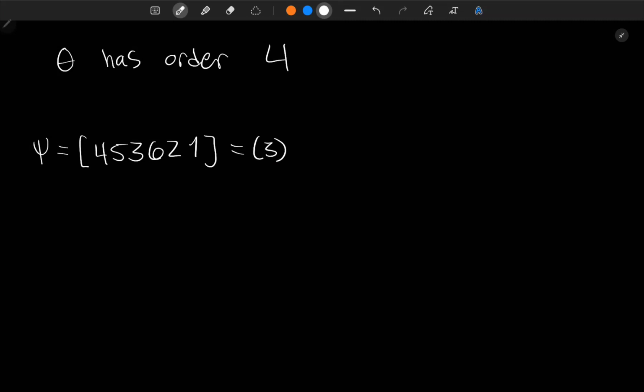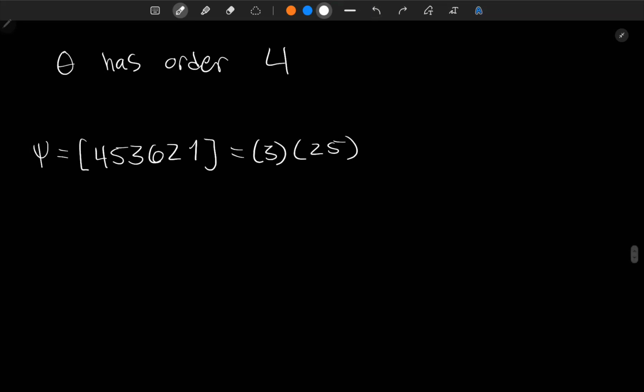Then we see that 5 is in the second position and 2 is in the fifth position, so we have (2, 5). Then the remaining elements form their own cycle, (1, 4, 6). So 1 is in the sixth position, 6 is in the fourth position, and 4 is in the first position, and that itself forms a cycle. So this is psi in cycle notation.